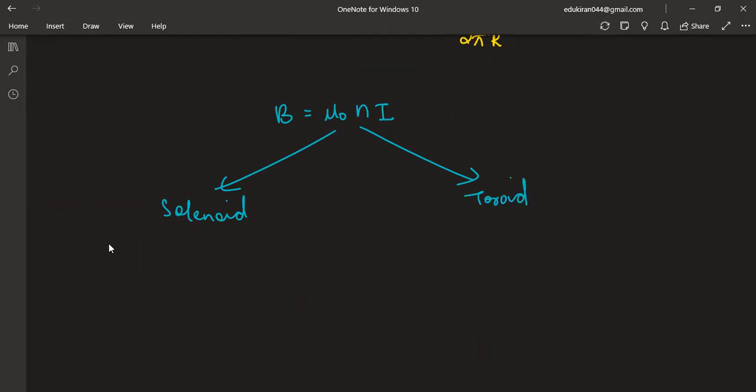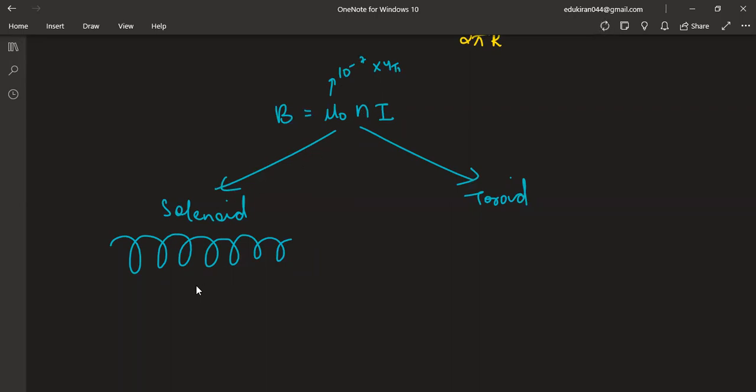What is a solenoid? If you take copper or aluminium wire and wind it in the form of a helix, spirally like this, this is known as a solenoid, whose magnetic field is B is equal to mu naught n I. Mu naught is again the constant, 4 pi into 10 to the power minus 7. I is current, n is number of turns.